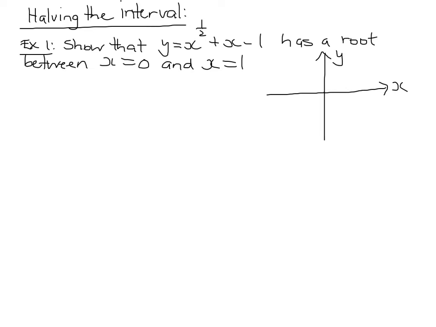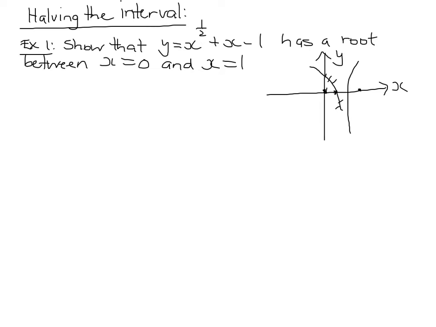So between 0 and 1, somehow this curve crosses the x-axis. Might look like that. Might be going the other way like that. At some stage it crosses the x-axis, meaning that before it crosses it, let's say it's this one here, y is positive, and after it crosses it y is negative, or vice versa.